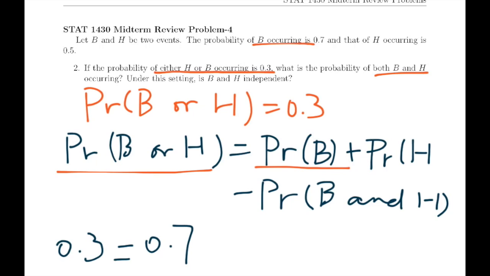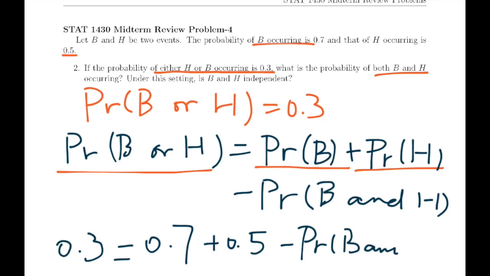And the probability of H occurring from the problem, we know it is equal to 0.5. So plus 0.5. And we want to find the probability of both B and H occurring. So minus the probability of B and H, which is the number we want to find.